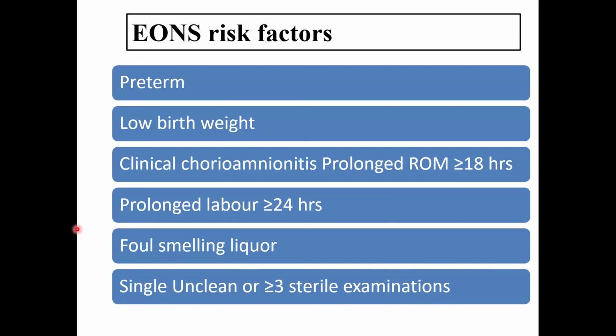So these are the risk factors for early onset neonatal sepsis. Of all the risk factors, the most important is prematurity, because of their poor immune system, low birth weight, and clinical chorioamnionitis. Chorioamnionitis is nothing but infection of the placenta or intrauterine infection.